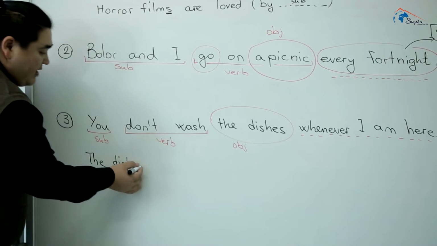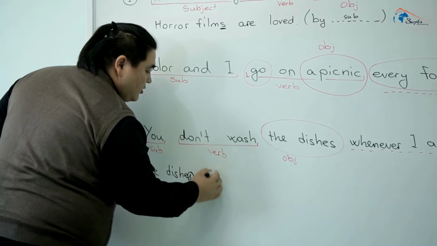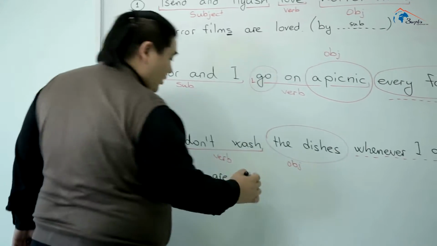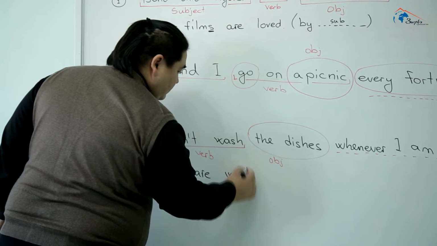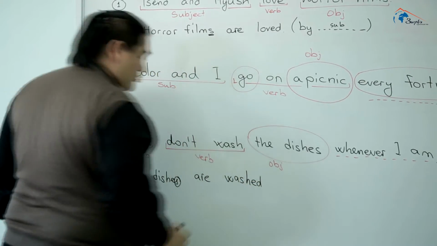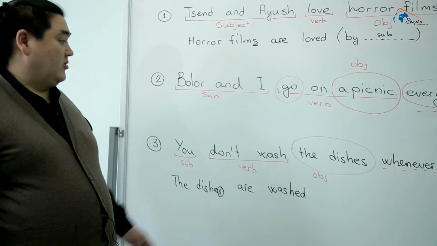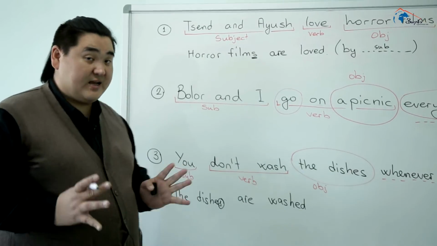Yet again, we have got a plural s, dishes. So we're going to use are. The dishes are washed or aren't washed. Which one is it? I totally forgot this one. Don't wash. That means it's going to be negative.